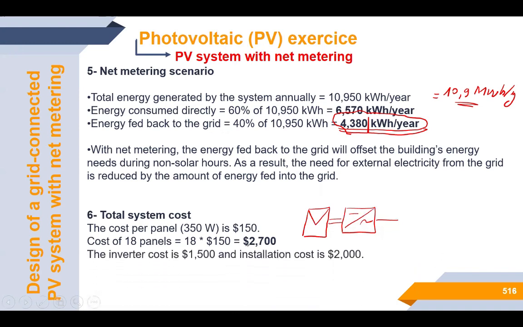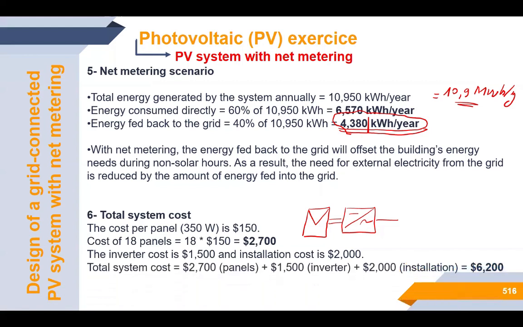Okay, the inverter cost is about $1,500. And finally, the installation cost means the cost to connect the different panels together, and also to make the PV system operate correctly.